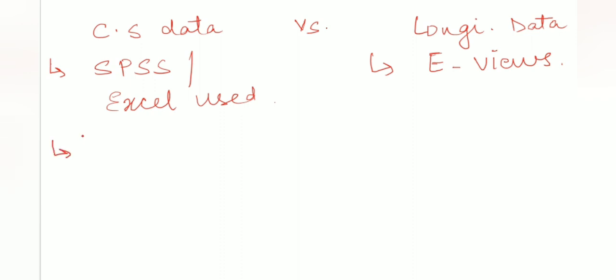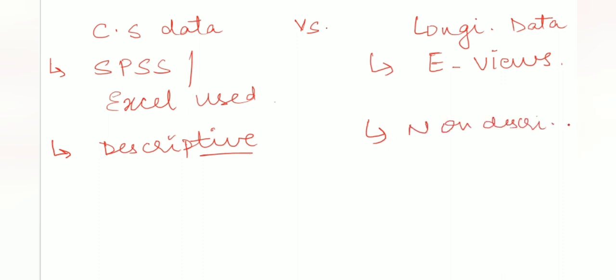Coming to the second, which test is applied? Before test, I would say the type of research. In the previous video, I have explained in detail about the types of research: descriptive, non-descriptive. When it comes to descriptive, regression.